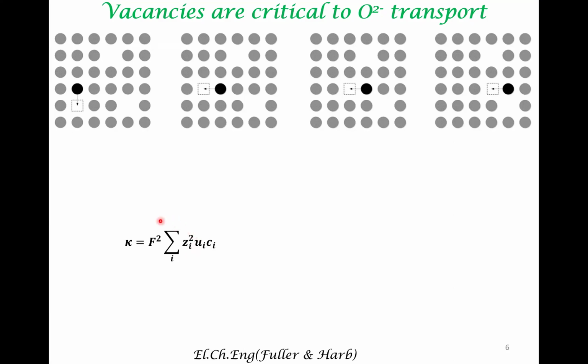When you try to apply this kind of equation for these kinds of material, the mobility which we are referring to is inherently connected to the mobility of oxygen vacancy migration or oxygen vacancy transport.